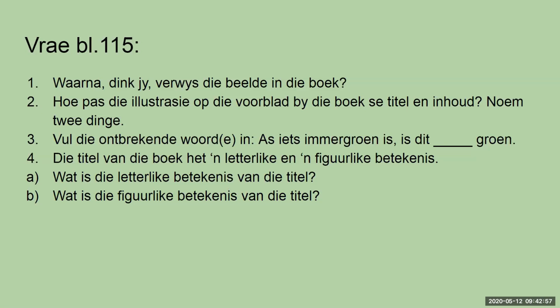2. Hoe pas die illustrasie op die voorblad by die boek se titel en inhoud? Noem 2 dinge. Guys, here you have to think a bit. So you have to tell me, how does the illustration on the cover of the book match with the title as well as the contents of the book? You have to mention 2 things.